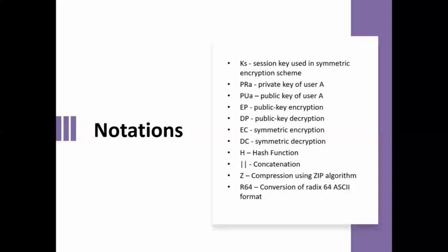Then R64: the encrypted data that comes out is converted into radix 64 ASCII format. At the receiver side, we convert back from radix 64 ASCII format to encrypted data. These are the notations we use in PGP.